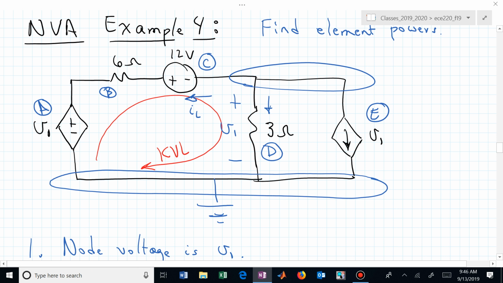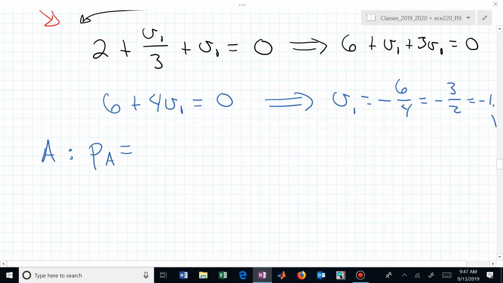Passive sign convention, which way is that current going relative to the labeling on that element? It's going into the plus sign before it goes through the element. It's going to be positive. It's going to absorb whatever the result is, but we now have, with the passive sign convention, V1 times I sub L for our power of A. And this was now minus 3/2.